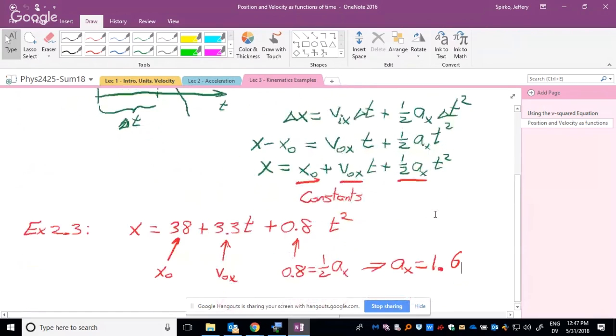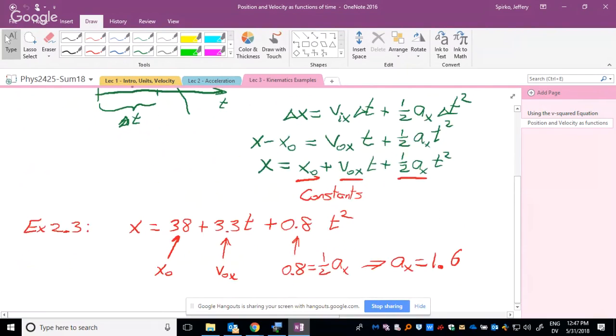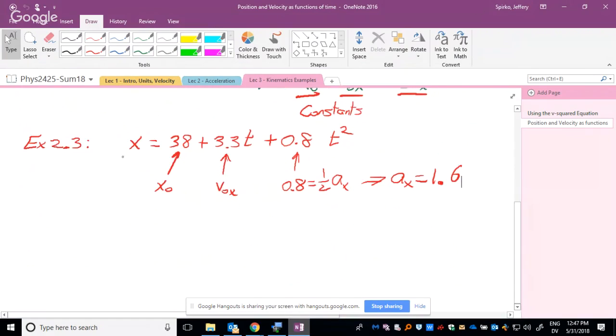So we figured out how to extract parameters from the x equation, and then we can also deal with velocities.